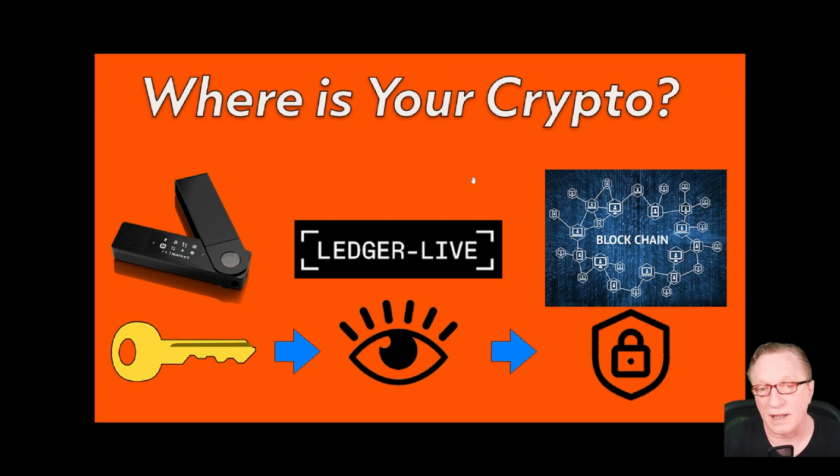Ledger Live is like the eyes of your wallet. Using Ledger Live, you can see your assets, your balance, your transaction histories, all of your sends and receives. All of that information is contained in Ledger Live and stored on your computer. And that is just the history and current balance of your assets. The assets themselves, of course, are stored safely and securely on the blockchain.